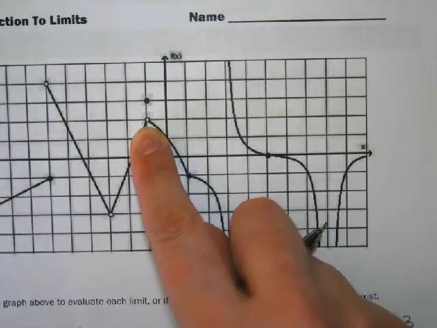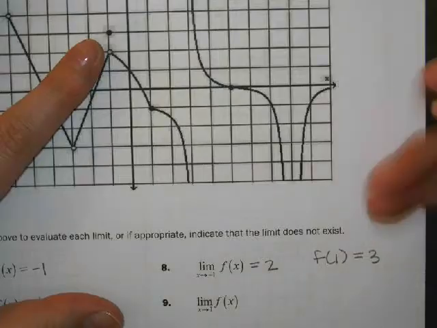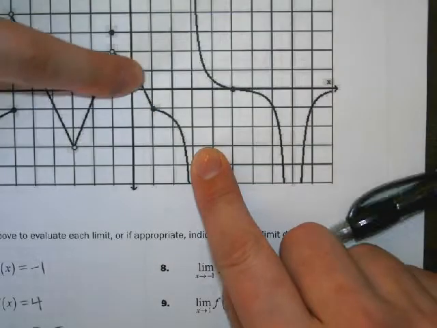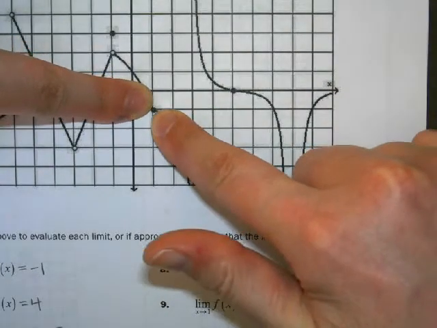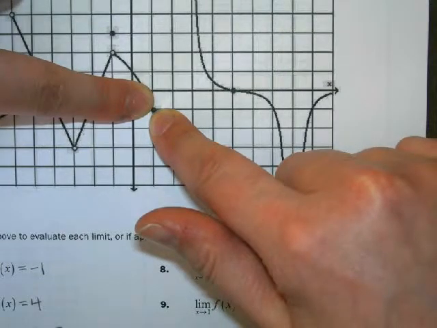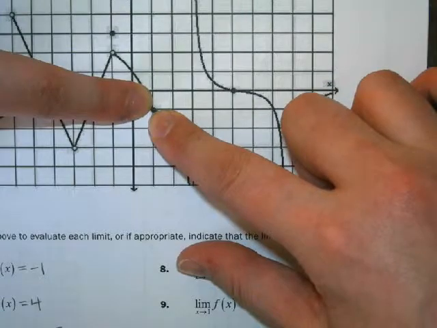Okay? All right, so next we have the limit as x goes to 1. So if we're looking at this one, here's an x value of 1. So I'm going to come at it with my left finger. I'm going to come at it with my right finger, and my fingers are in the same spot. So that means my left hand limit and my right hand limit are the same. And what y value should be there? -1.